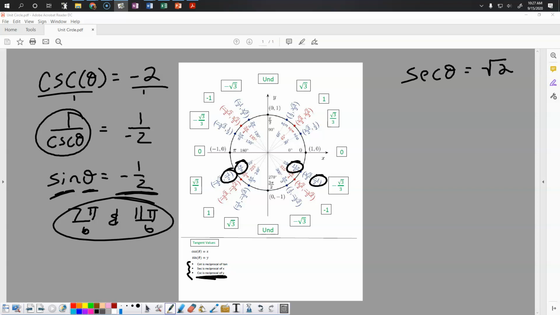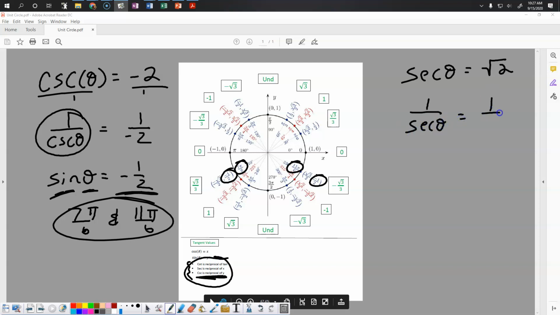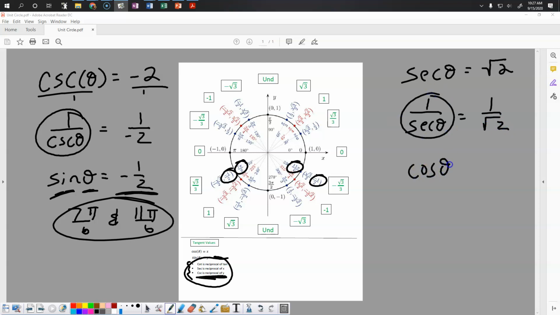Well, hopefully you guys started off by doing reciprocal. So anytime you have one of these 3 down here, you're going to start off by doing reciprocals. So it's going to be 1 over secant is equal to 1 over radical 2. 1 over secant is cosine. Now something that wasn't on mine, but hopefully you remembered from the last time we worked on these, is we don't like having square roots on the bottom.